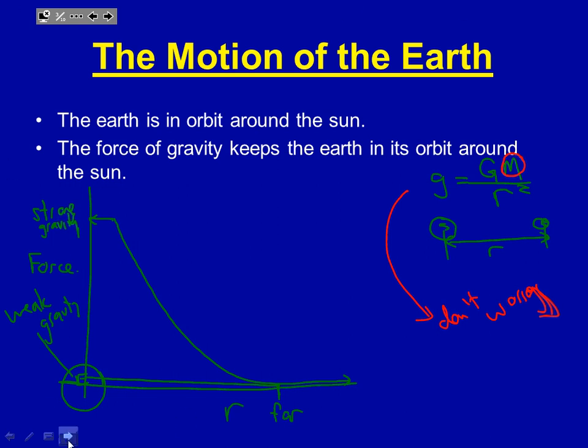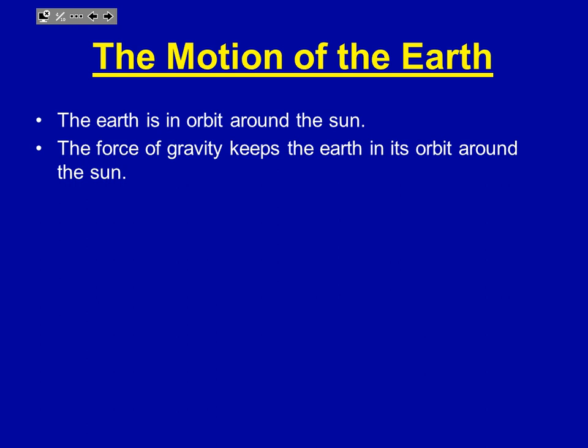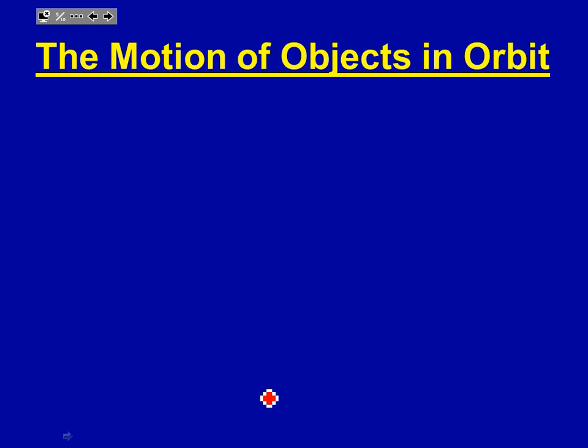It's a much smaller object, and its radius isn't as great. Okay, let's keep going. I'm not going to use that extra slide because I've changed my mind. Let's talk about motions of objects in orbit. So let's talk about orbits. There was an early astronomer by the name of Johann Kepler.